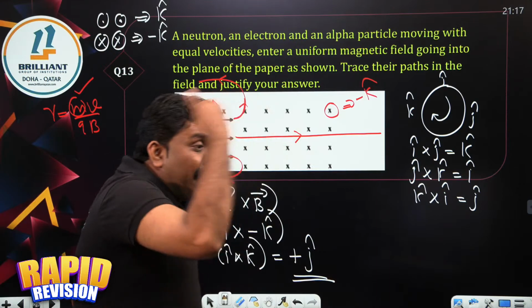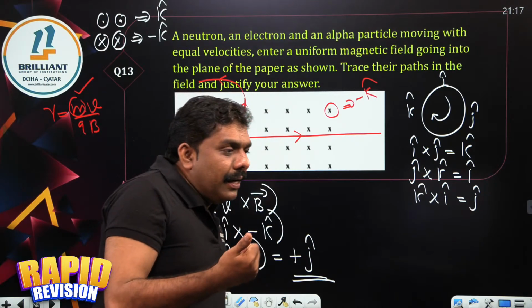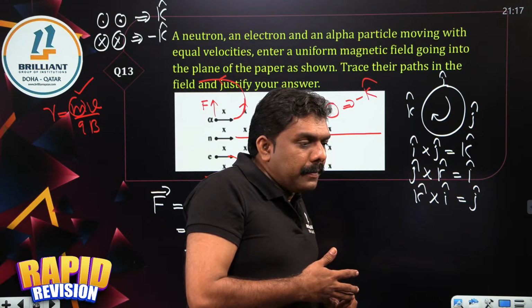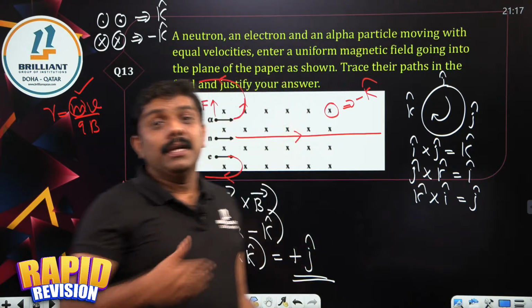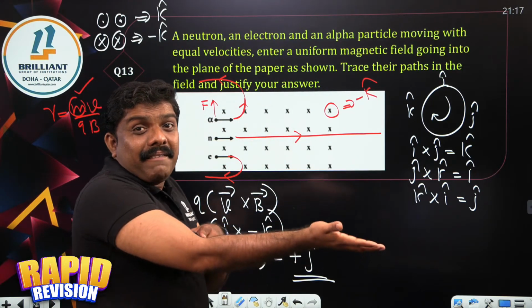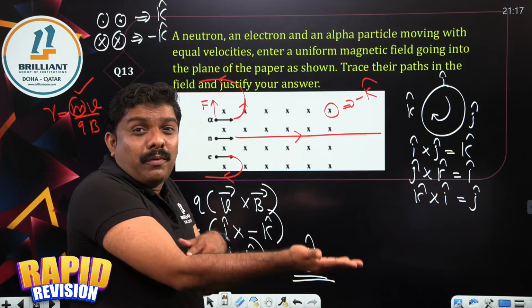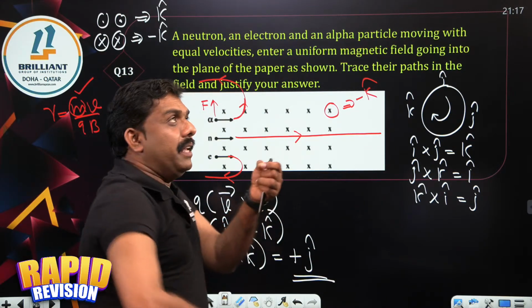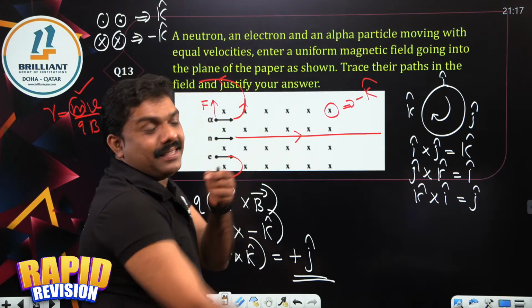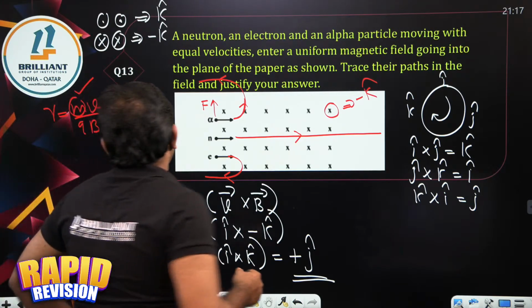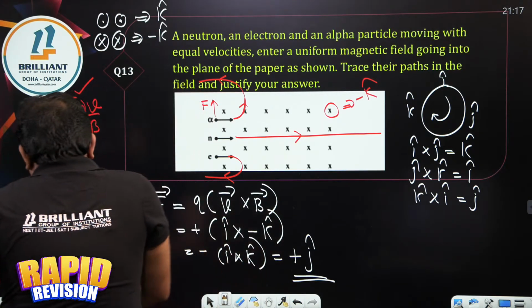Why they are moving? So now look, when a charged particle is moving in a perpendicular field, it describes a circular path. So deviating up and moving like this. So we can say the path that we marked here is correct. So that's the point for this question.